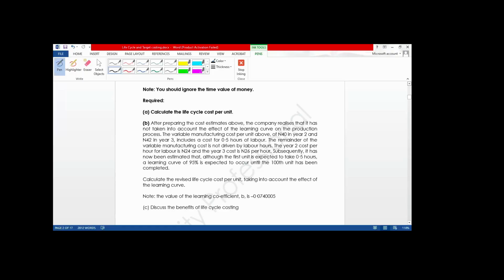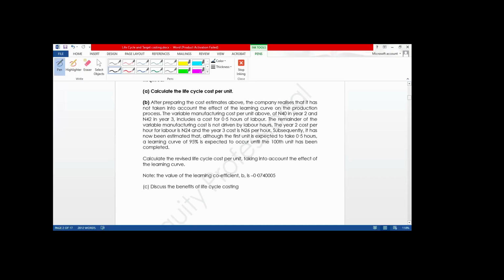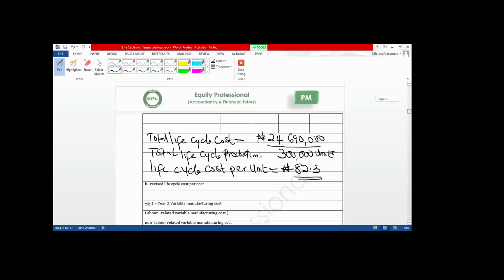These two topics can be added to any other topic in PM. So the first thing is to separate your cost. Let us go to the solution page.